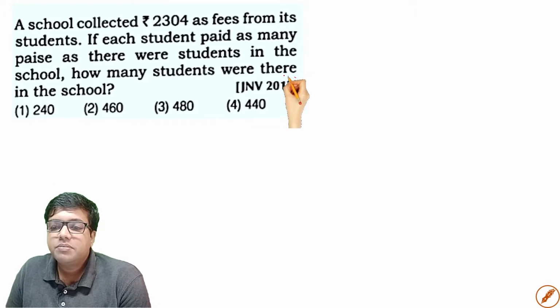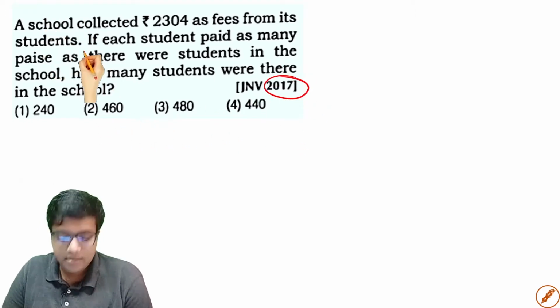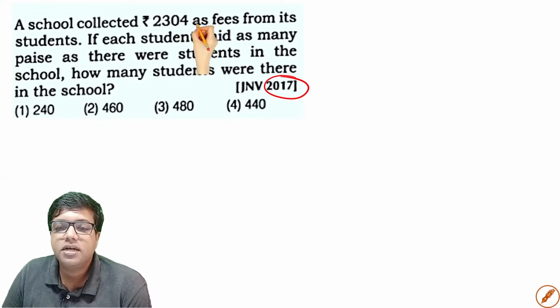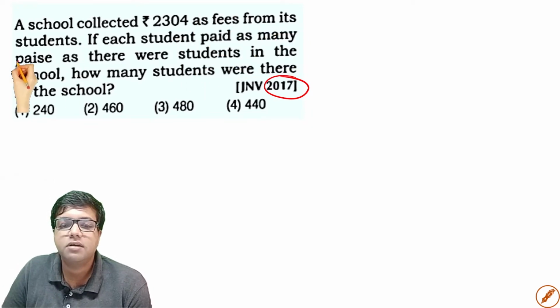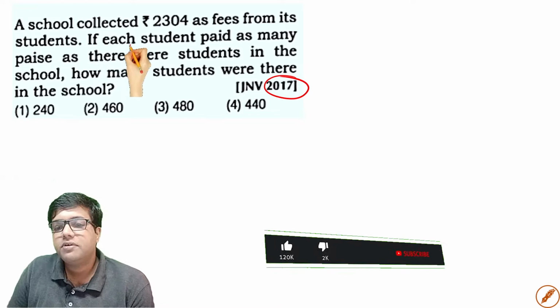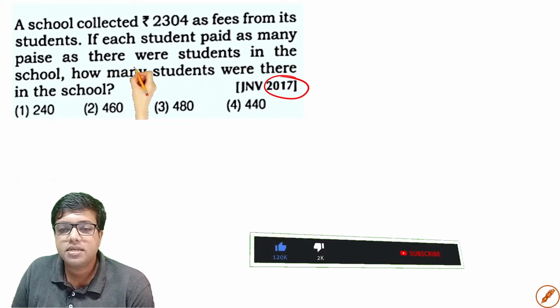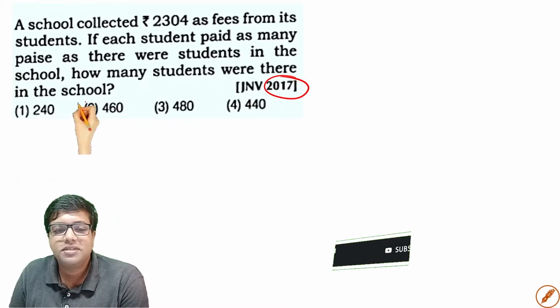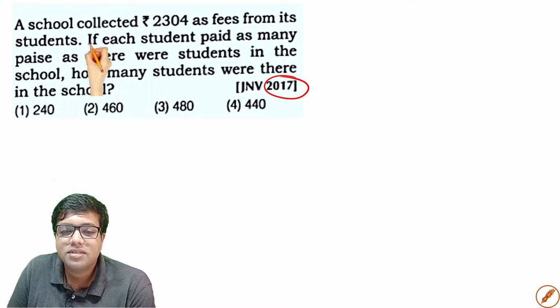This question came up in 2017. A school collected 2,304 rupees as fees from its students. If each student paid as many paise as there were students in the school, how many students were there in the school? This line is very important.